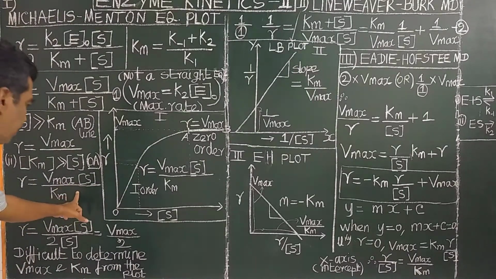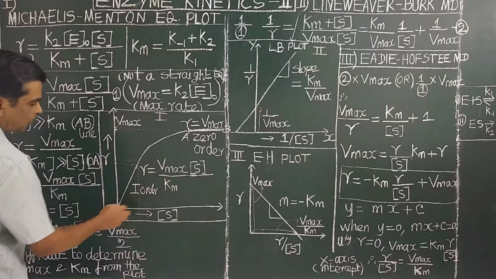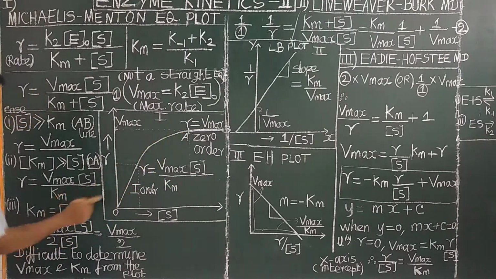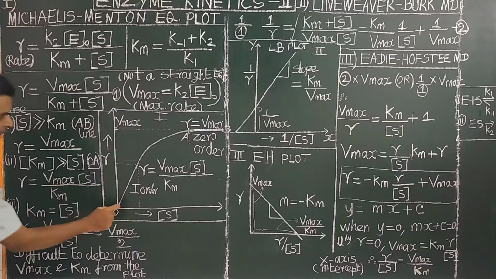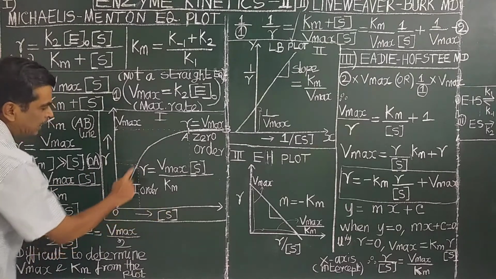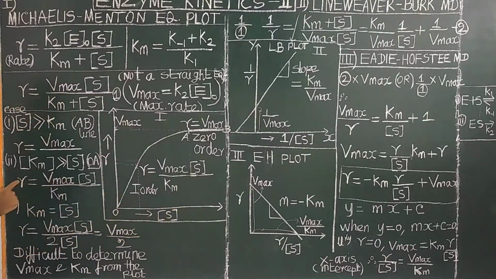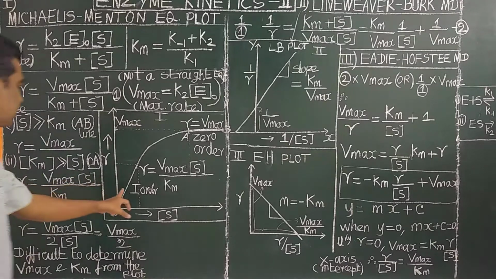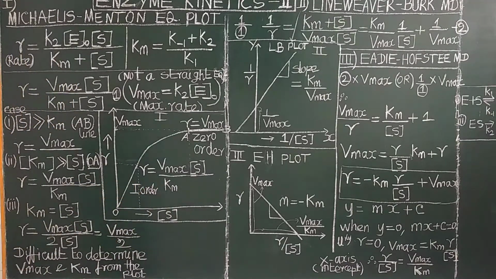It corresponds to first order. Therefore, the OA curve corresponds to first order enzyme kinetics. Along the curve OA, the rate increases with increasing substrate concentration. Therefore, the rate of the reaction depends on the first power of the substrate concentration. Therefore, it is first order kinetics. It will be asked several times.